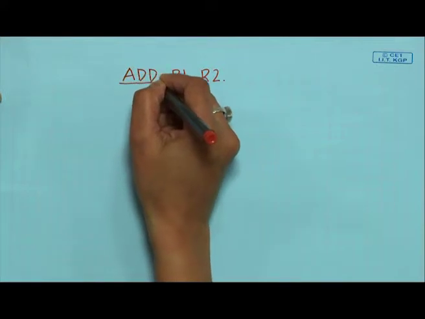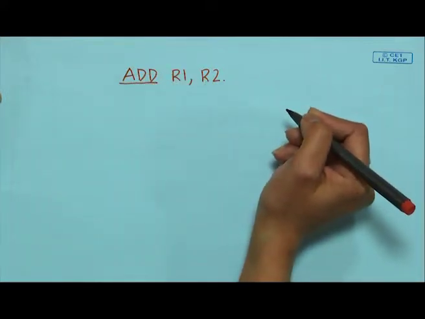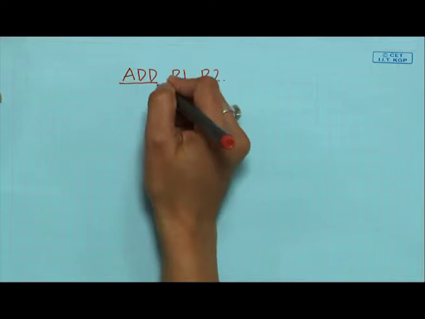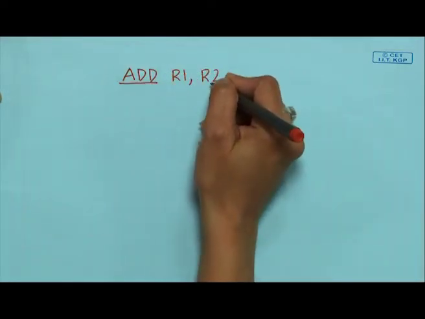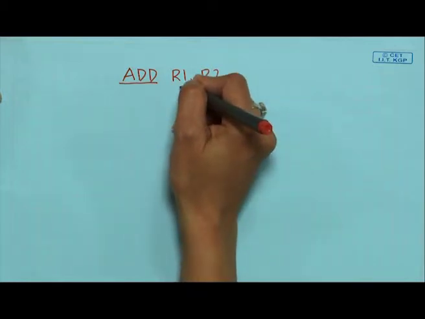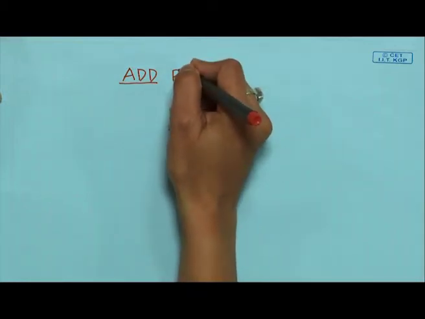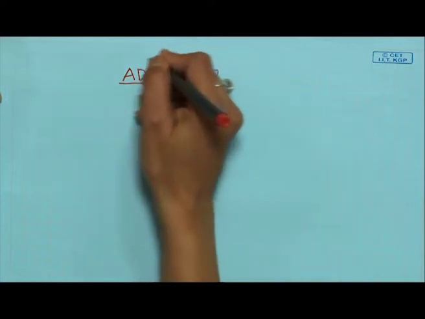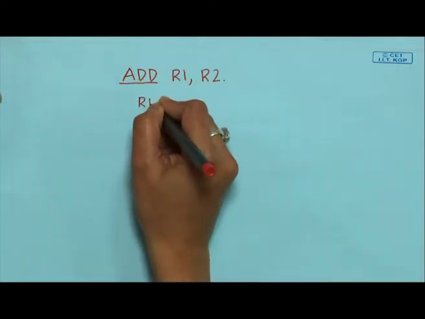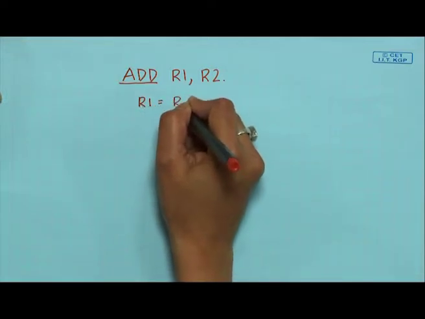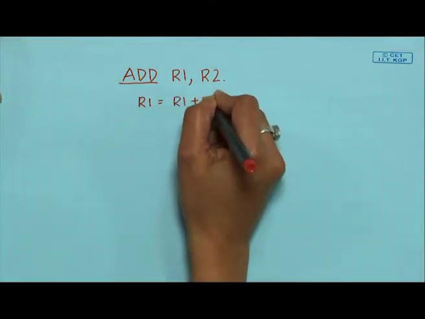Here, the operation is adding two register values, and these two register values will be added and stored back in some register. So, R1 will store R1 plus R2.